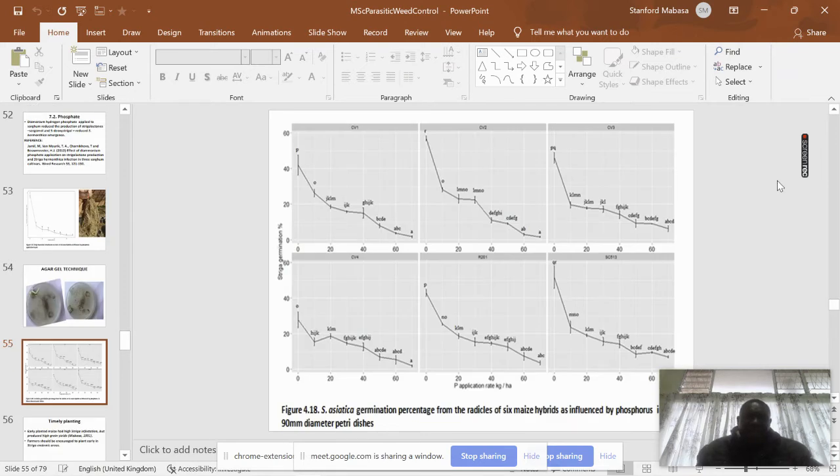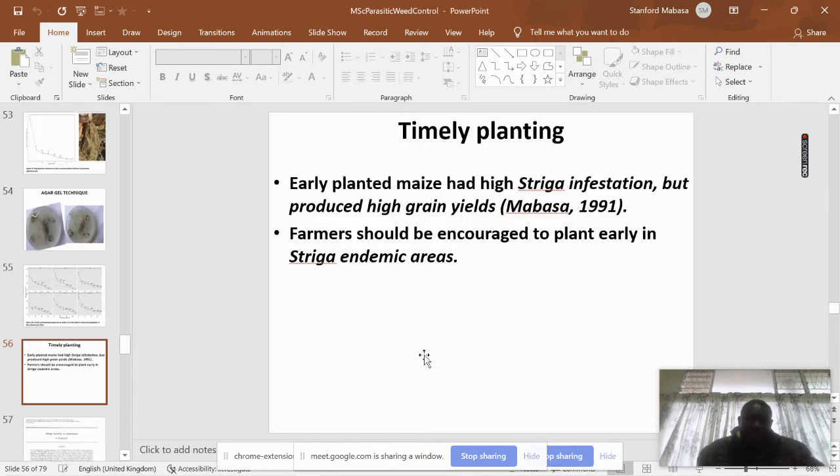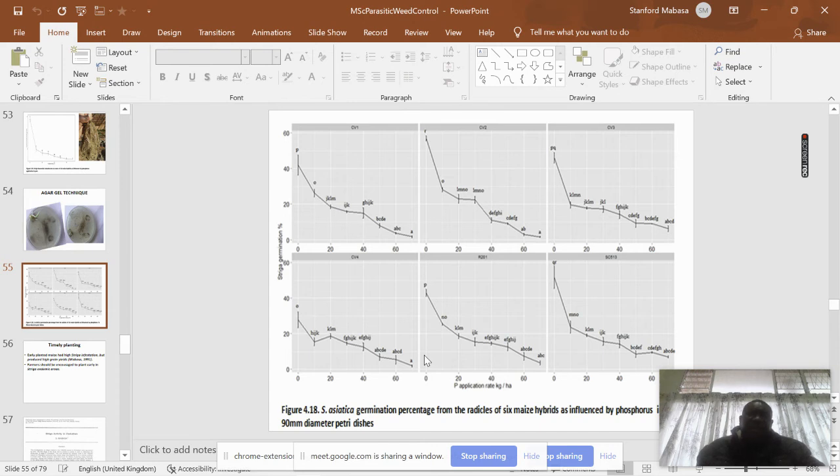We can see there were 6 maize genotypes, and as phosphorus was increased, you could see a decrease in all the varieties, a decrease in the germination of Striga. So phosphorus can help to reduce Striga in maize.